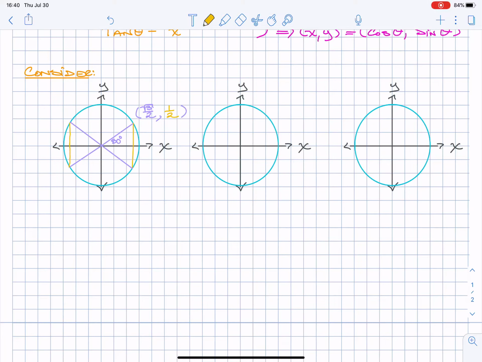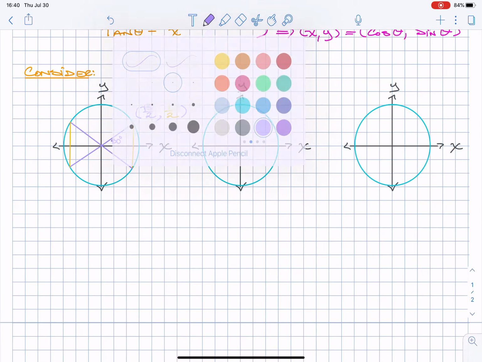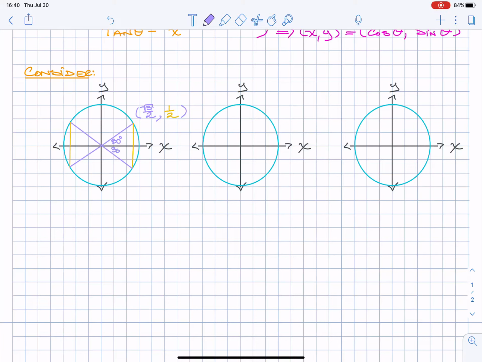So if all of these are 30 degrees away from the x-axis, so 30 degrees here, 30 degrees here, these are all 30-degree reference angles, then what do I know? I know that the coordinates should be almost the same. So this coordinate in quadrant 2, the x-coordinate is negative.